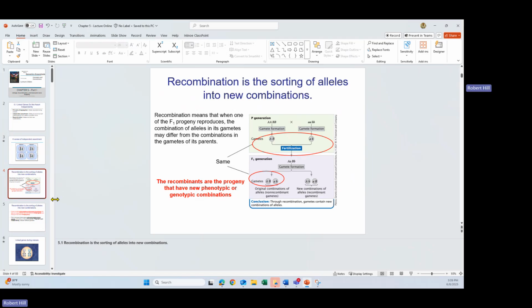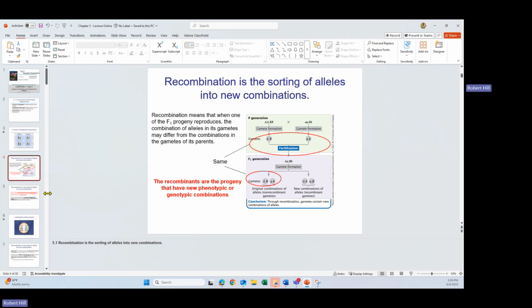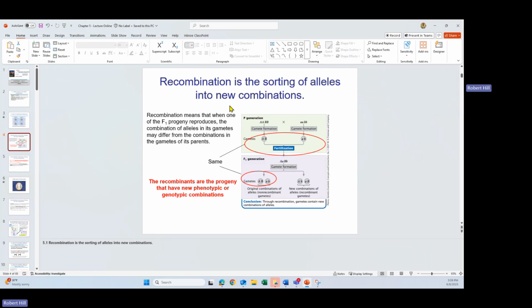Okay, so also I want to touch on the definition of recombination. Recombination means that there is a new phenotypic combination, a new phenotype. So look at the cross here. We've got the P generation, homozygous dominant for A, homozygous dominant for B, and homozygous recessive in the other parent.